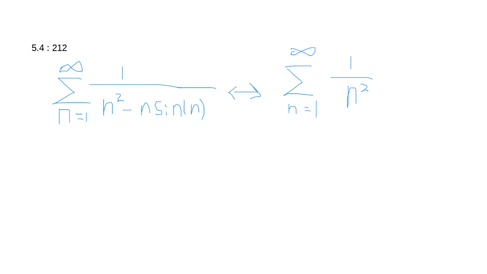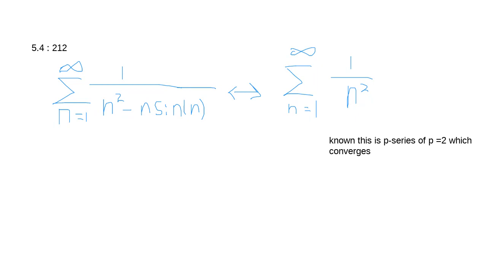This one we know: 1 over n squared is a p series with p equals 2. Because p equals 2 is greater than 1, we know this one converges. So this is the intuition.